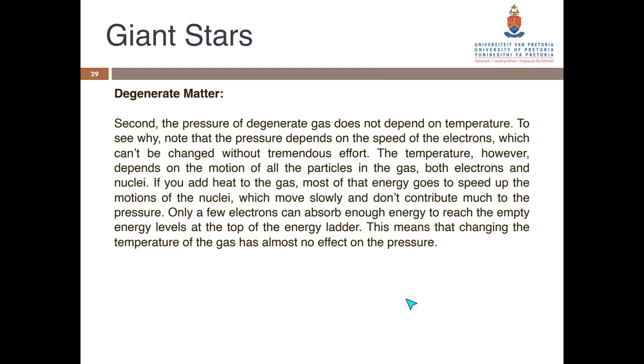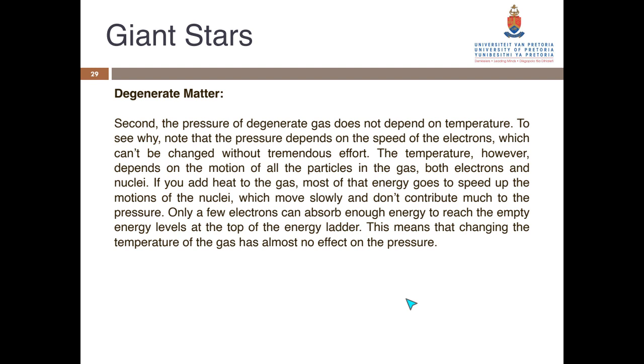Second, the pressure of degenerate gas does not depend on temperature. Usually pressure depends on temperature, but not for a degenerate gas. To see why, note that the pressure depends on the speed of the electrons, which can't change without tremendous effort. The temperature, however, depends on the motion of all the particles in the gas, both electrons and nuclei.